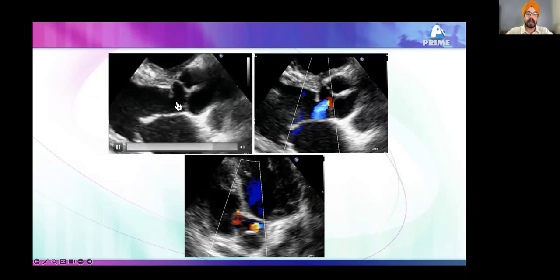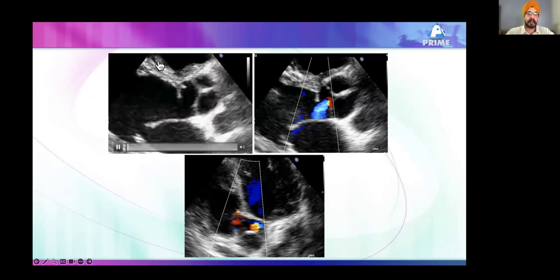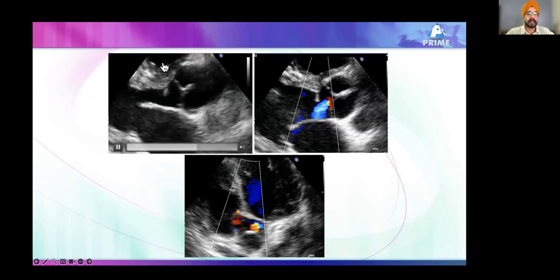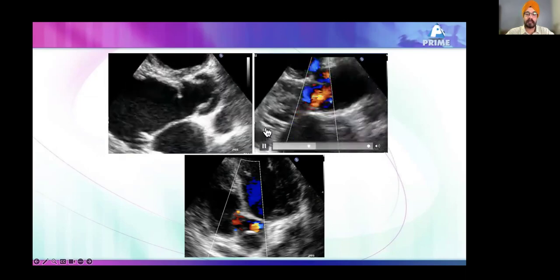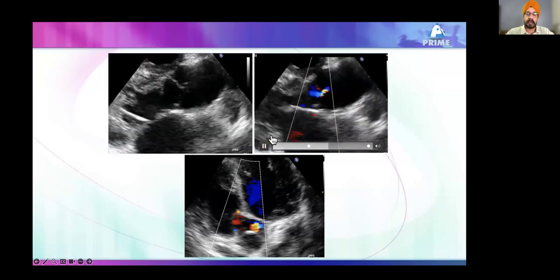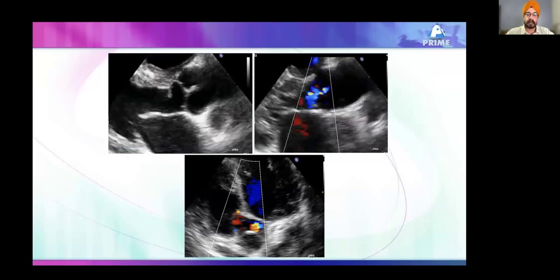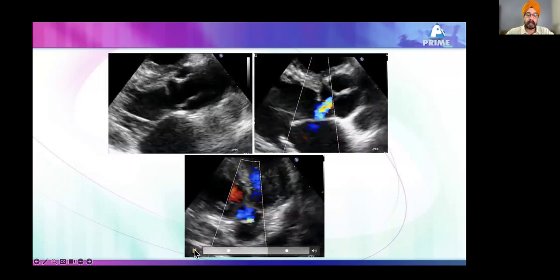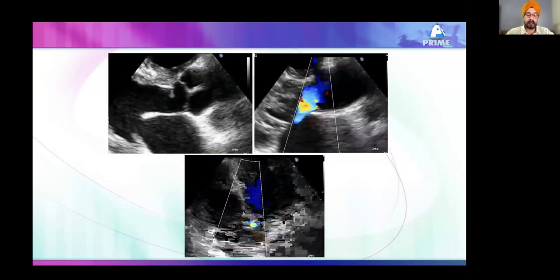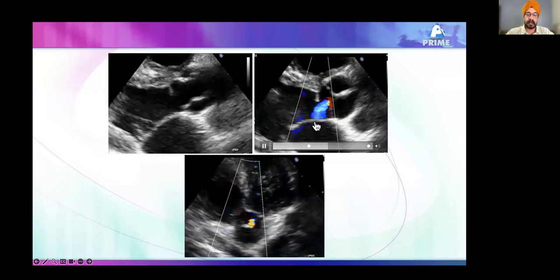This subaortic membrane, if you are lucky, you can see such a nice subaortic membrane, which usually is not the case. When we have a subaortic membrane, you see the stenotic jet coming right below the aortic valve where the stenosis is. Again, in this, you see the aortic valve stenosis and mild regurgitation.